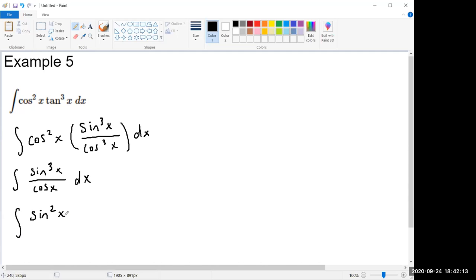Sine squared of x times sine of x over cosine of x dx. Okay.